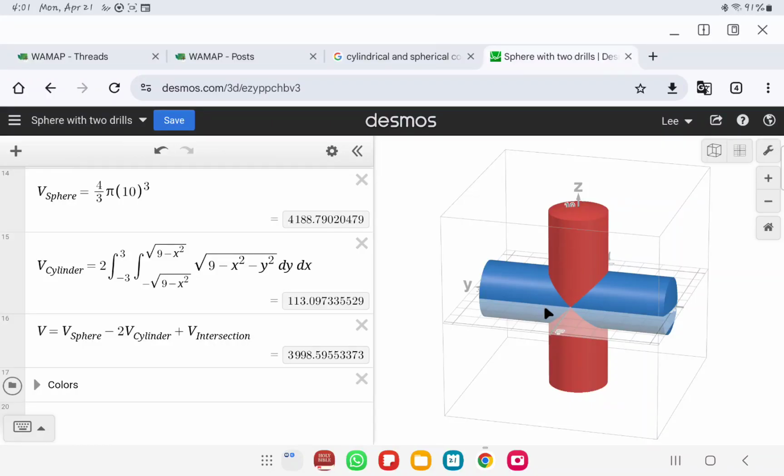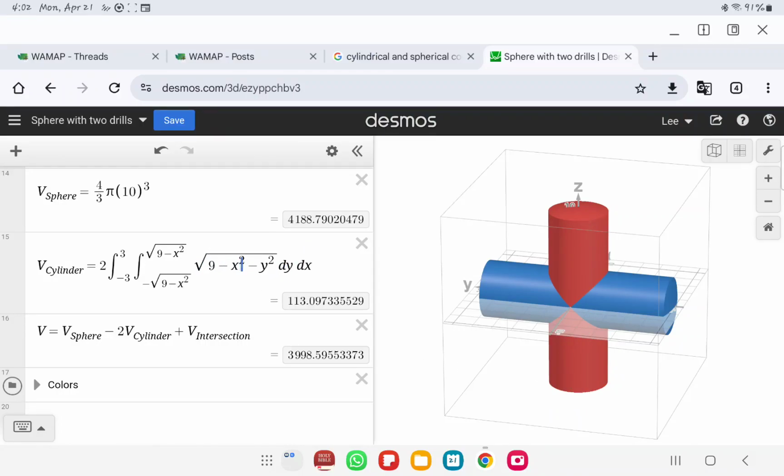So going from 0 to that top and then doubling it for the whole surface right there. So I'm thinking of the volume under this surface at the top down to my xy plane, and then I'll double it at the end to get the entire volume of that red cylinder.